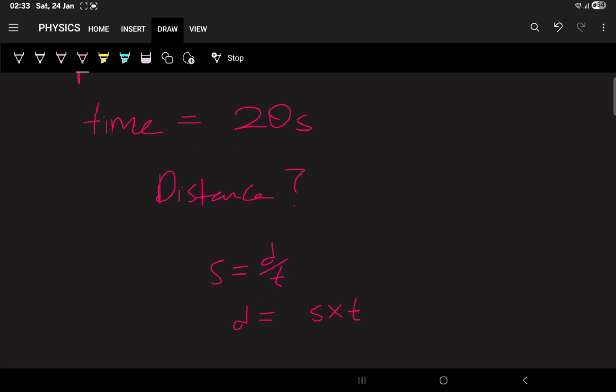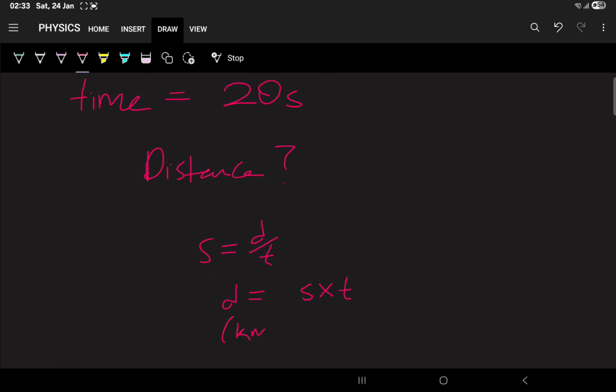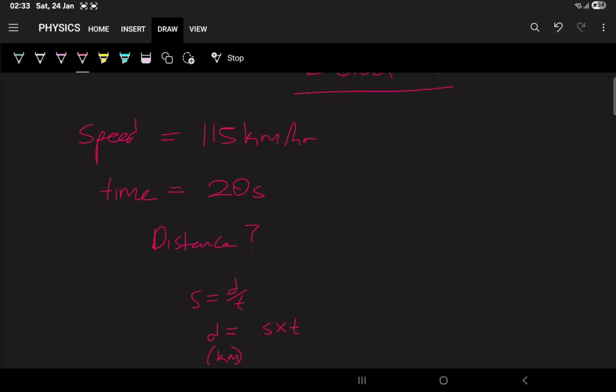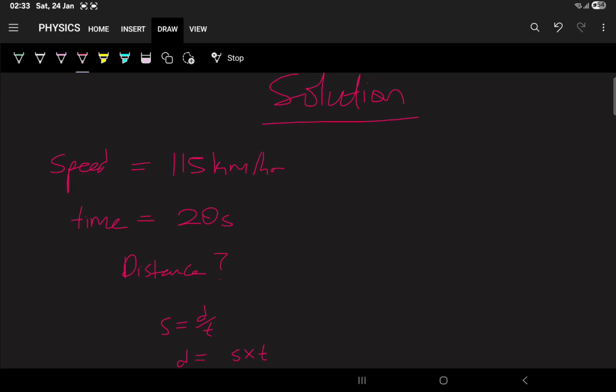Therefore, we want our distance to be in kilometers as asked by the question. Therefore, we need our time to be in hour. Currently our time is in second and our speed is in kilometer per hour, which is perfect, but we need our time to be in hour so it can match the unit of the speed and cancel out the hour here.